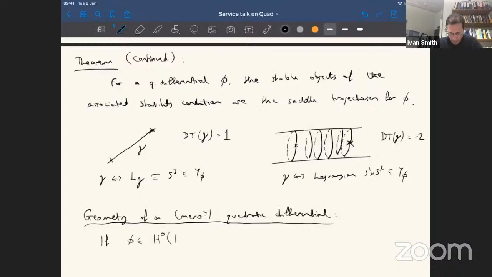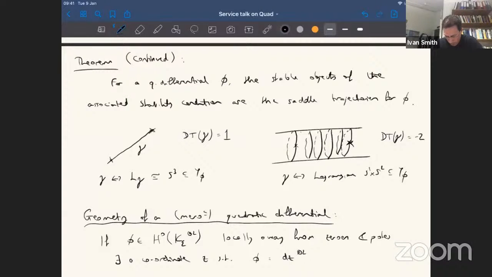In general, if I have a section of the square of the canonical bundle on some Riemann surface, then locally away from zeros and poles, there's a coordinate in which I can make it look like dz tensor dz. And this coordinate is defined up to translation and replacing z by minus z.